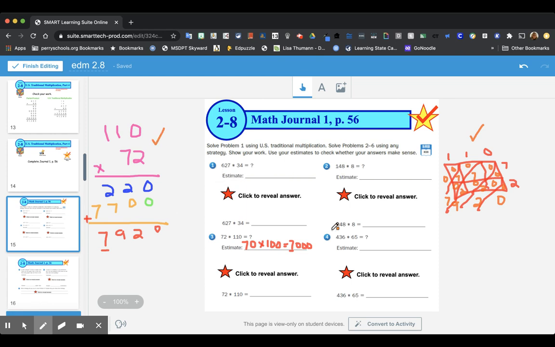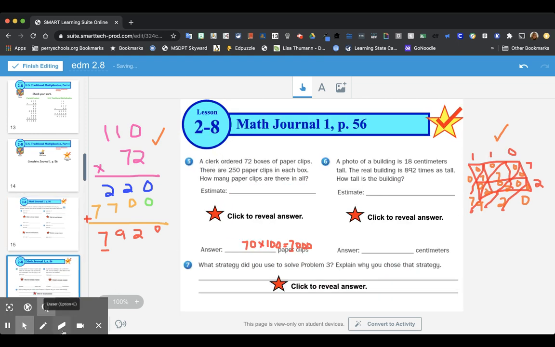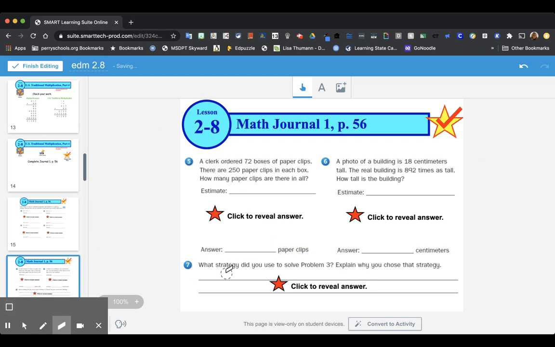Your turn now. I want you to do 1, 2, 4, 5, 6, and 7. But let's take a look at 5 and 6 first. These are story problems versus just the multiplication problems. Number 5, a clerk ordered 72 boxes of paper clips. There are 250 paper clips in each box.